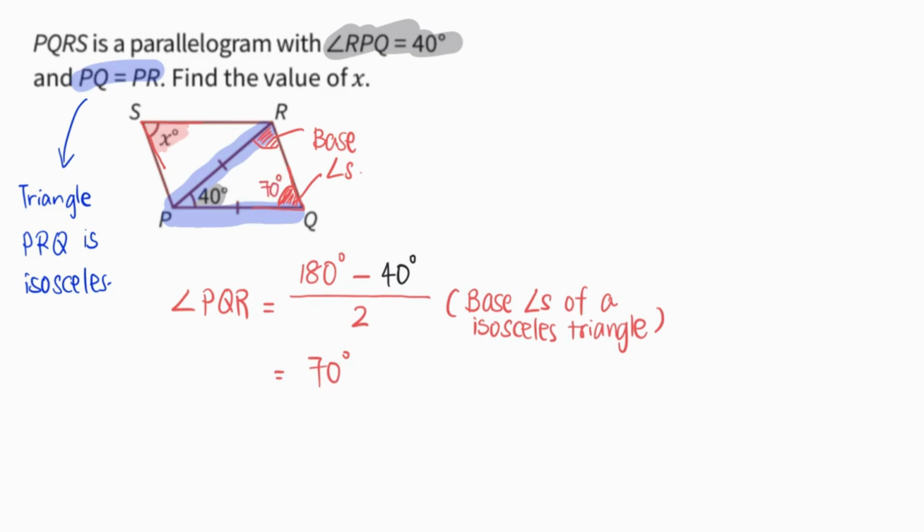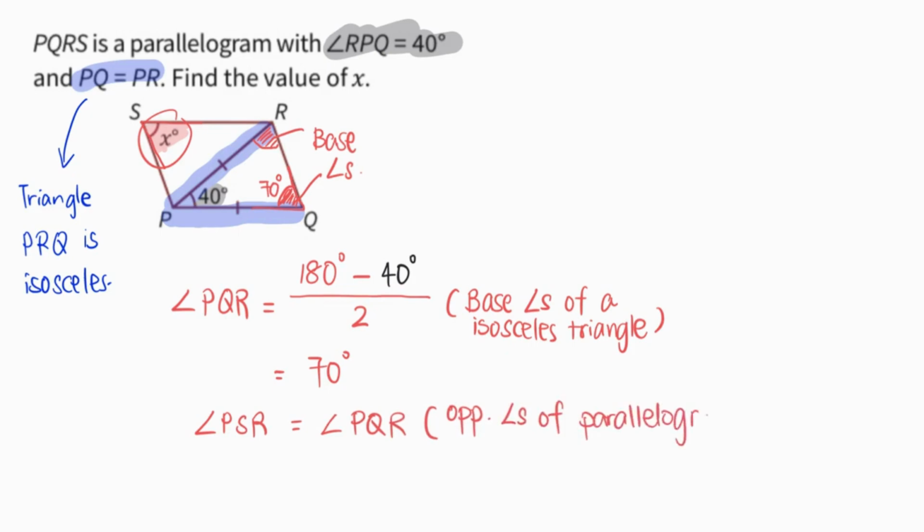And from here, we could then gather that angle PSR, which is this angle, is equal to angle PQR because they are opposite angles of a parallelogram. And if they are equal, I will be able to get the value of x already, 70.